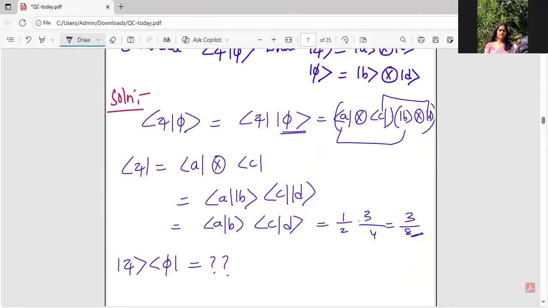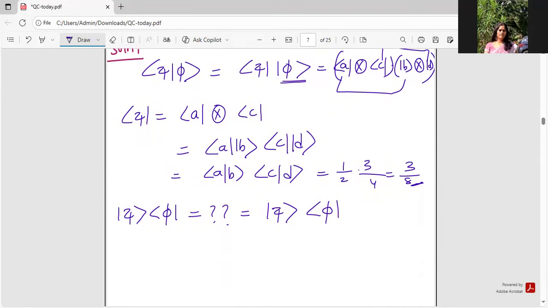For outer product, just see here, I'll be needing ket xi as it is, guys. Dual of ket phi is what I'll be needing. So what would be dual of ket phi? Dual of ket phi would be something like dual of ket B, tensor product, dual of ket D.